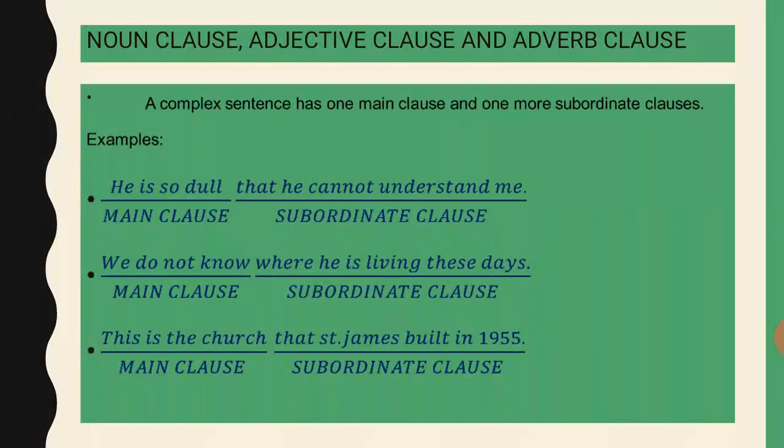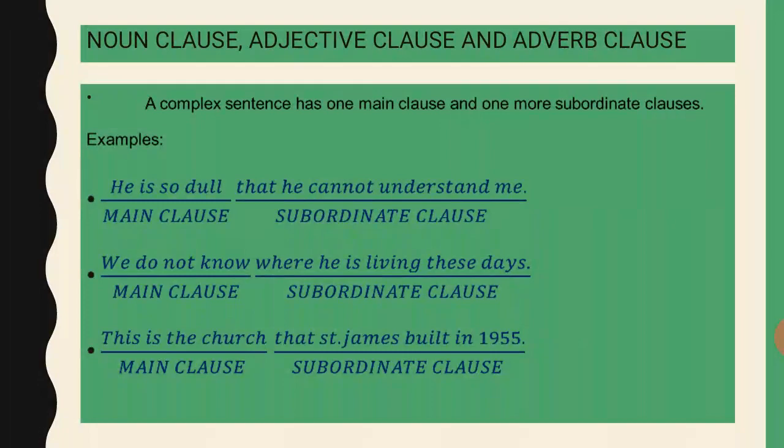So what are the clause types we are going to see? Noun clauses, adjective clauses and adverb clauses. So we are going to see those clauses only. These three kinds of clauses are called subordinate clauses.